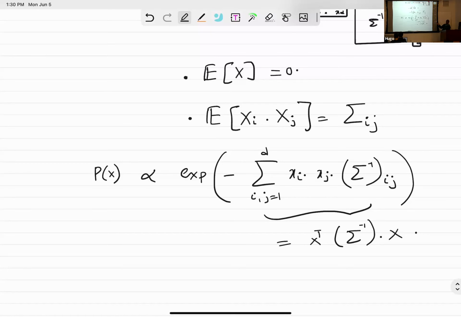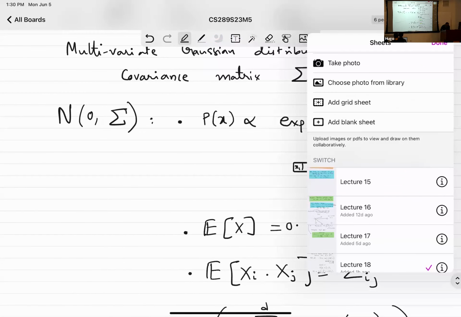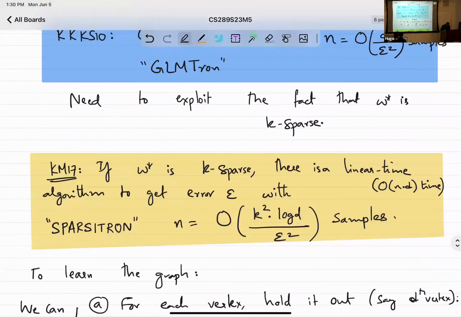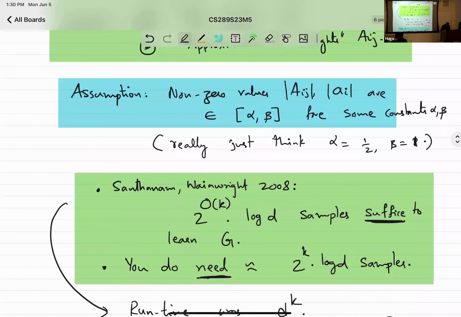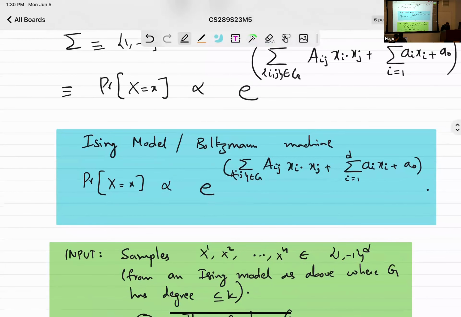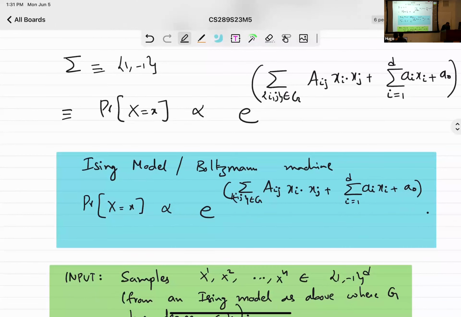How did we define Ising model? Well, Ising model, if you go back, let's see, where was it? Right, you have a summation over Aij times Xi times Xj. So we have something similar in the multivariate Gaussian distribution, but you have the sigma inverse there first of all.